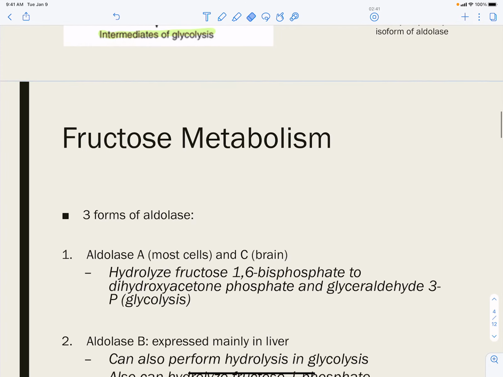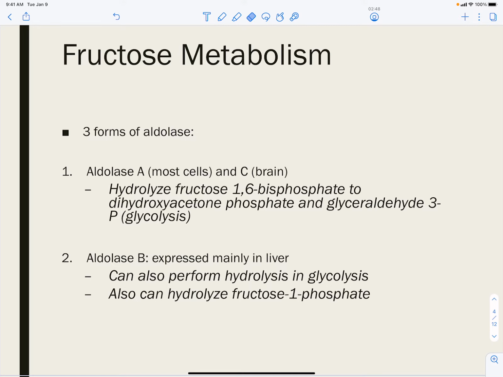So basically, the next step after you have fructose 1-phosphate is that you're going to have aldolase work on fructose. And it's important to pause here to talk about the different forms of aldolase. Aldolase A is going to be in most cells. Aldolase C is going to be in the brain. Now remember glycolysis. In glycolysis you're going to form fructose 1,6-bisphosphate.